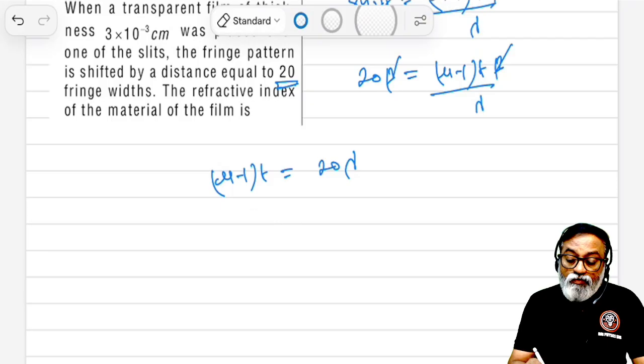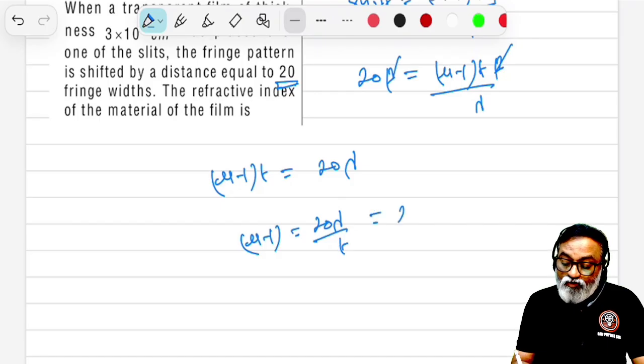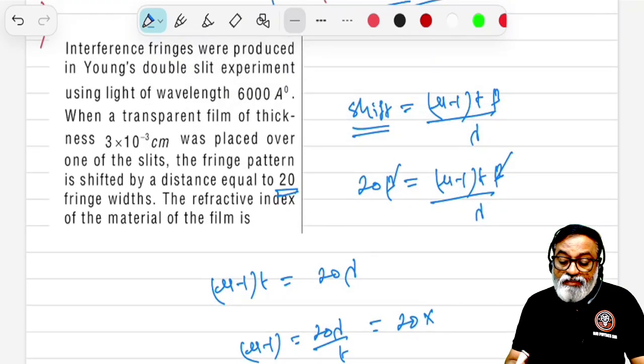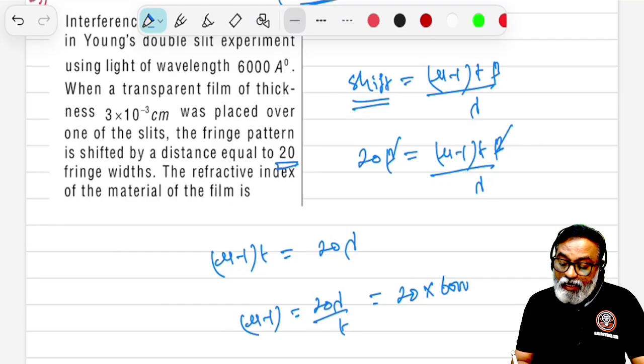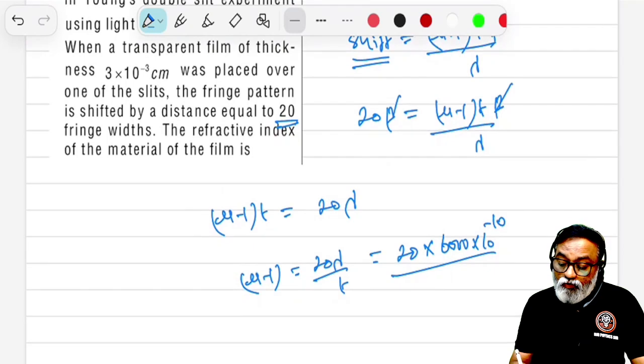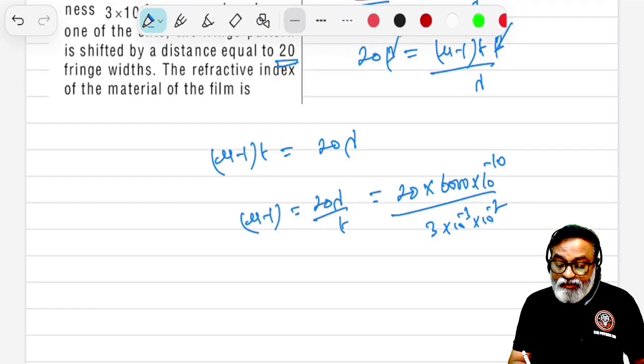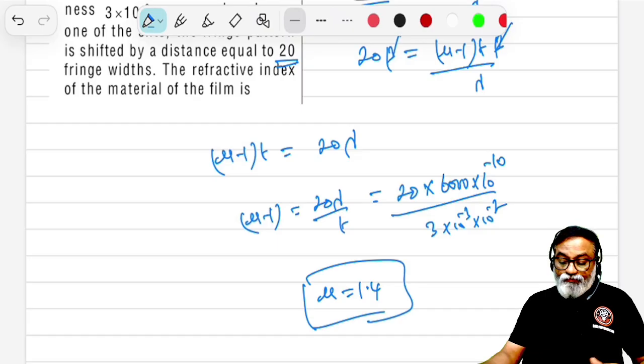Therefore mu minus 1 is equal to 20 lambda by t. Lambda is given as 6000 angstroms, that is 10 to the power of minus 10, by thickness given as 3 into 10 to the power of minus 3 centimeter, that is 10 to the power of minus 2. Then after simplification we get mu is equal to 1.4.